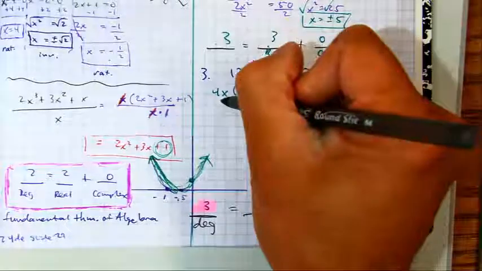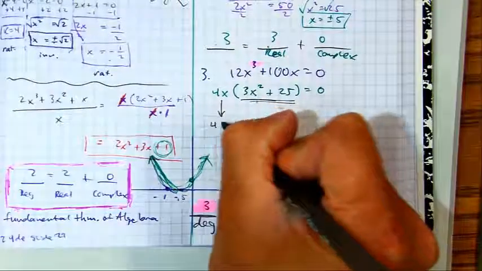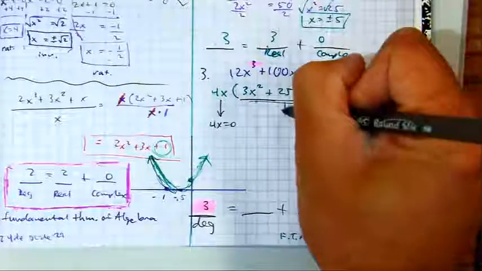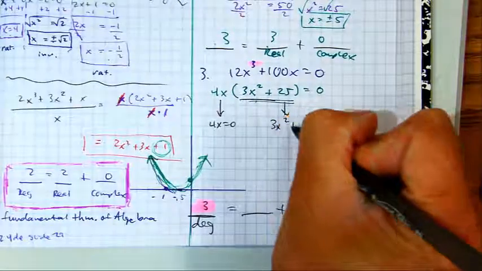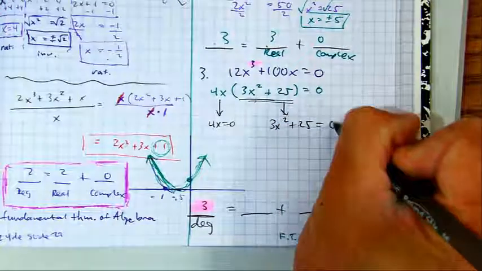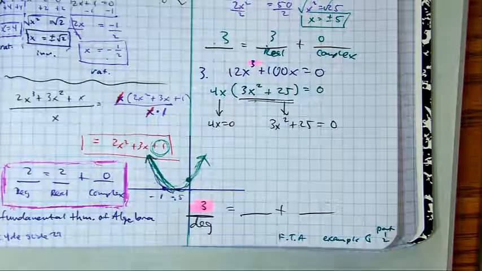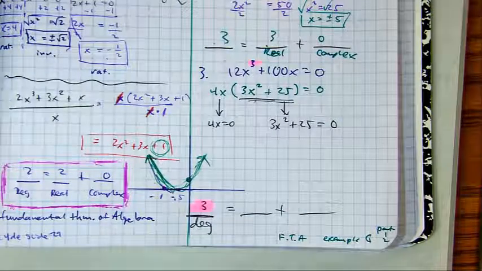You can set each of these equal to 0. 4x equals 0. 3x squared plus 25 equals 0. Go ahead and take 20 seconds. Go ahead and try to solve that on your own.